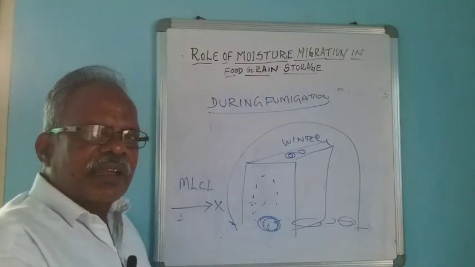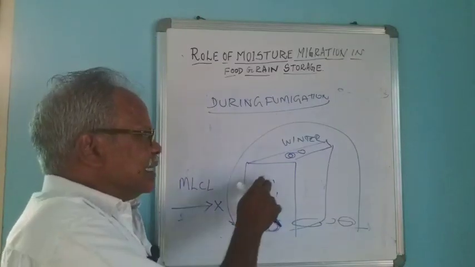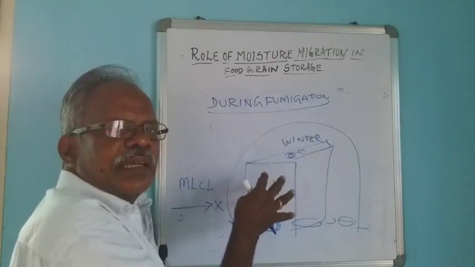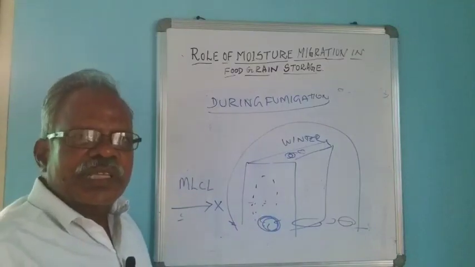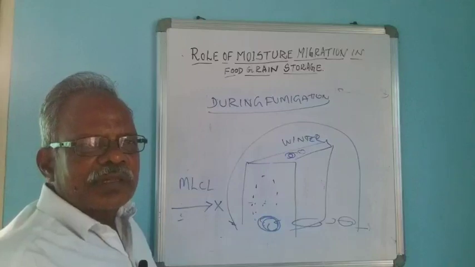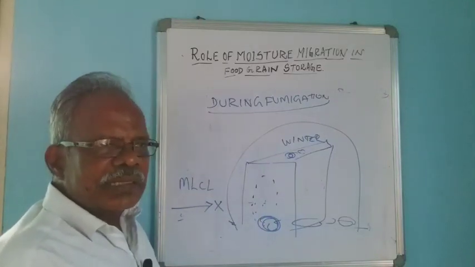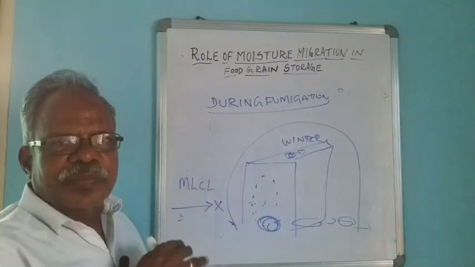Some of the stocks which have more free moisture, then condensation during winter, the condensation on the top, some folds will be there. In that, while degassing, when we throw the cover, we can see water to the level of half a bucket or 1 bucket. That is because of the condensation of water vapor.